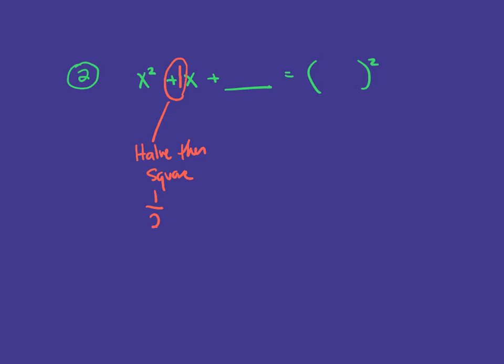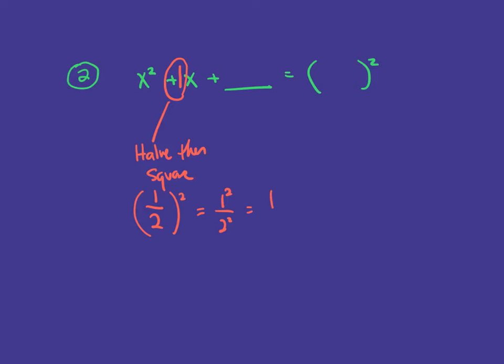So halving it by dividing it by 2, and then squaring it is 1 over 4. So basically 1 squared, let me write this a different way. Basically when you're doing fractions, you're just going to square the top, square the bottom.